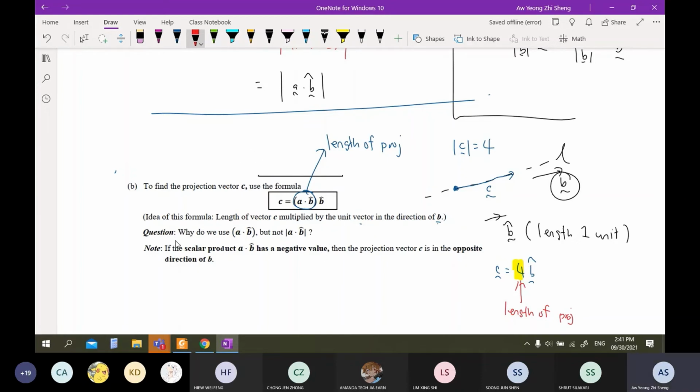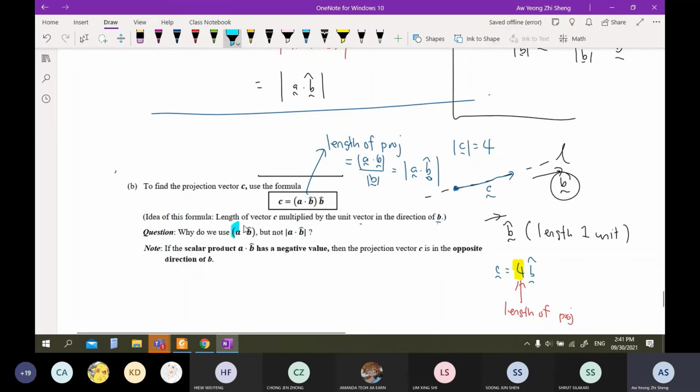Now there is a question that maybe some of you may wonder. Okay, length of projection, the formula is what? The formula is actually A dot B over B with modulus to everything. And after some algebraic manipulation, it is modulus of A dot B hat. Okay. Now the question is, why in the projection vector C, we are not putting modulus here?